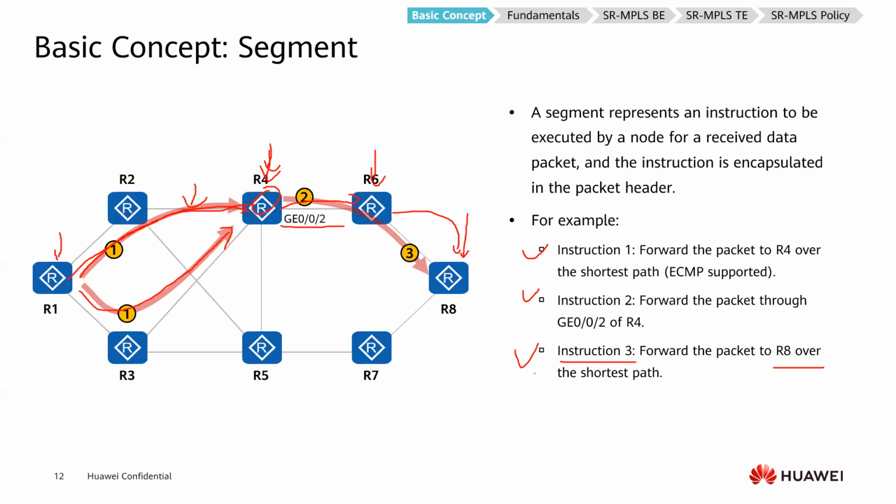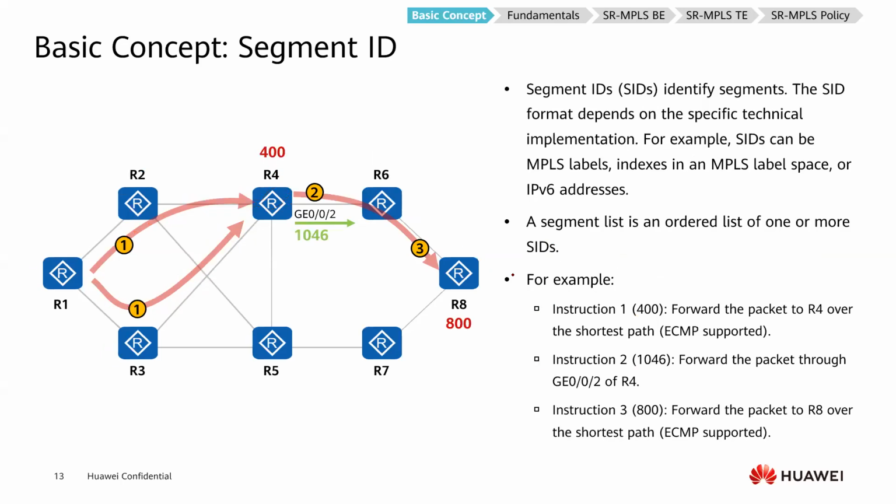So you can see the idea of a segment is not difficult. How do we describe the forwarding path? How do we describe the segment? We can use something called a segment ID.